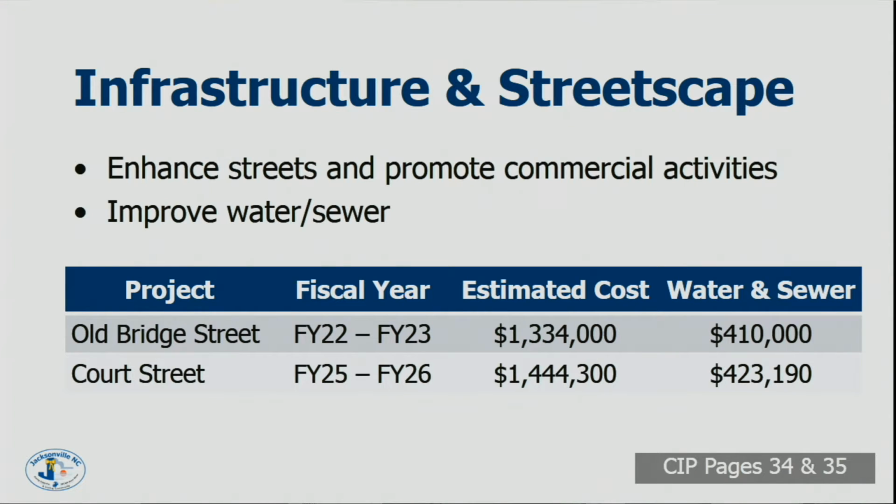So this is to enhance the streets, and that will be sidewalks, that will be planted medians, those types of things. And along with that comes water and sewer improvements. So you'll see the fiscal years, you'll see the estimated costs, and also what you'll see is the water and sewer portion. And these are based on percentages, so that's about 30% for each of those on the overall cost.